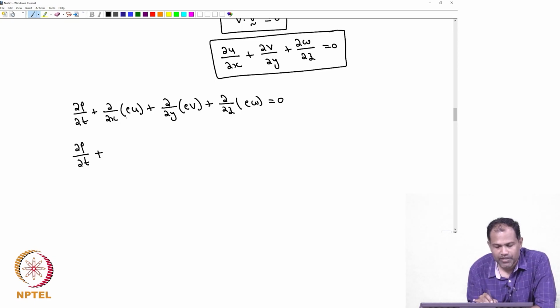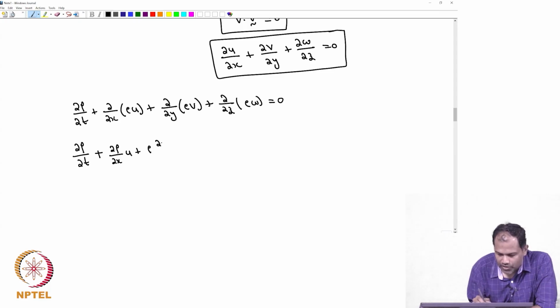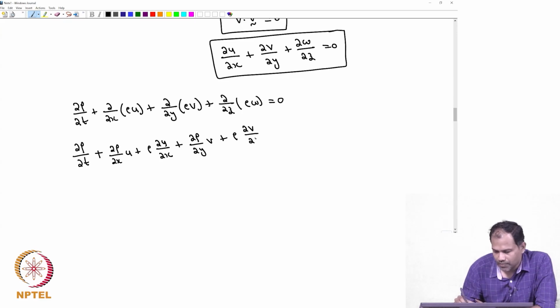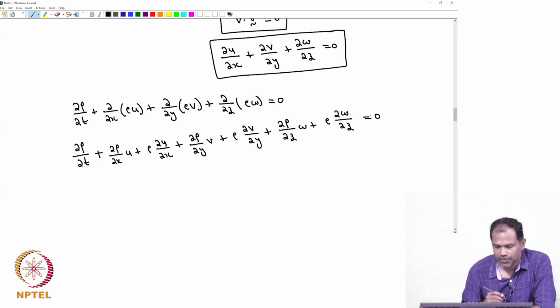So, rho into the derivative of u plus the derivative of rho into u: del rho by del x into u plus rho into del u by del x, plus del rho by del y into v plus rho into del v by del y, plus del rho by del z into w plus rho into del w by del z is equal to 0.